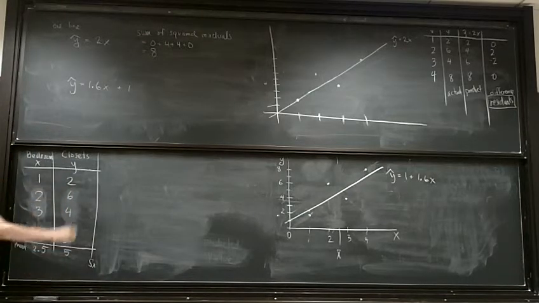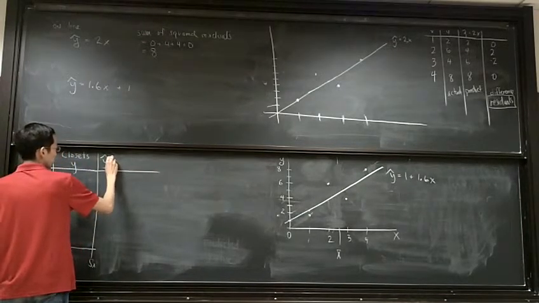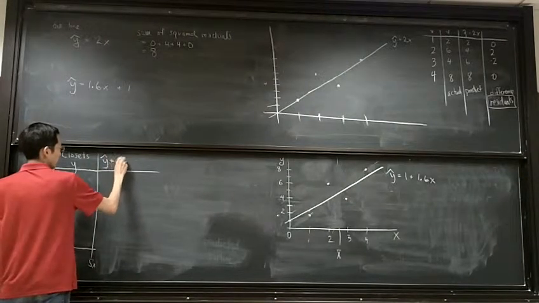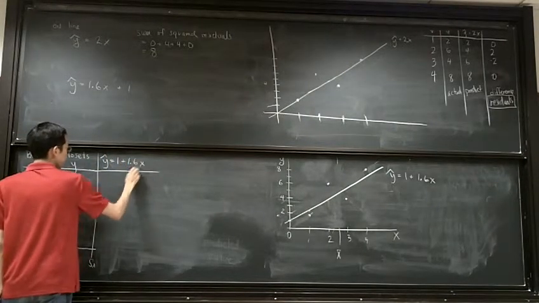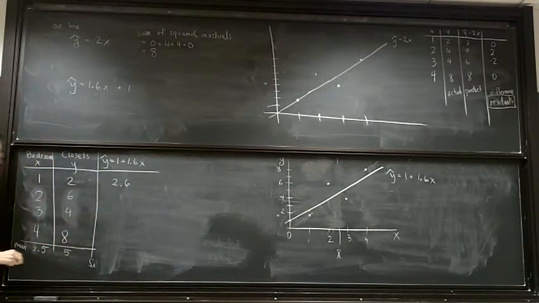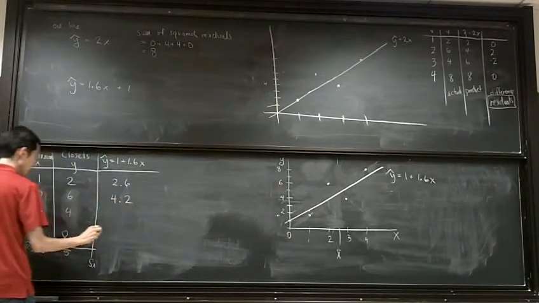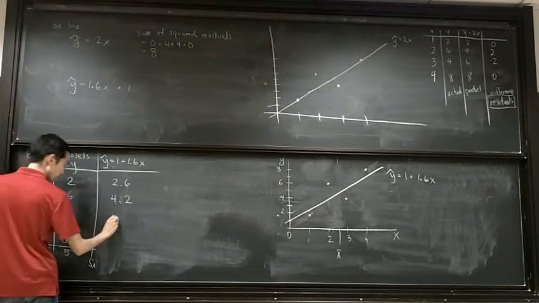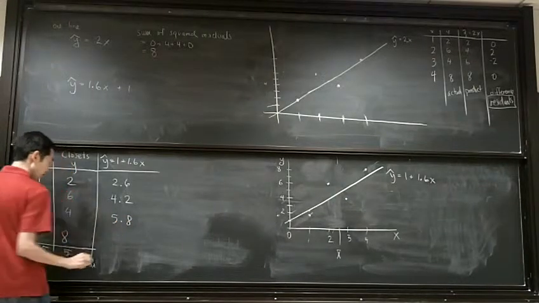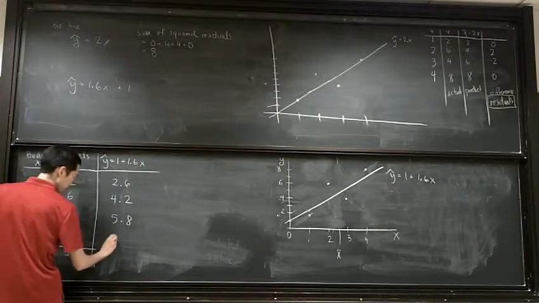So I have x, y, and if I use y hat equals 1 plus 1.6x, here I would predict 2.6, and at 2, I would predict 4.2, and here I would predict 5.8, and at 4, I would predict 7.4.